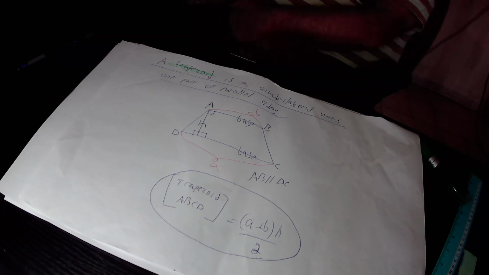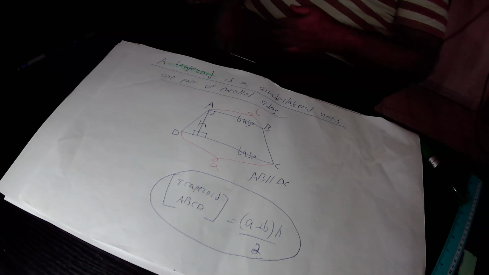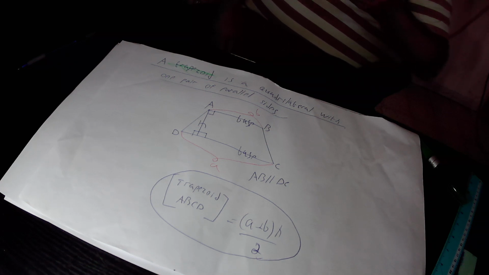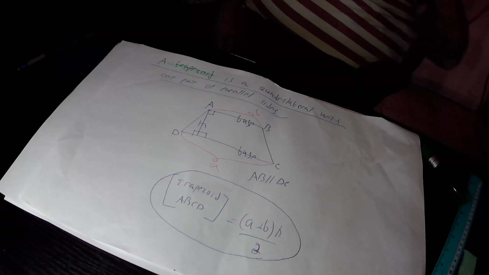So a trapezoid is a quadrilateral with one pair of parallel sides, and its area is the sum of its two parallel bases times the height over 2.